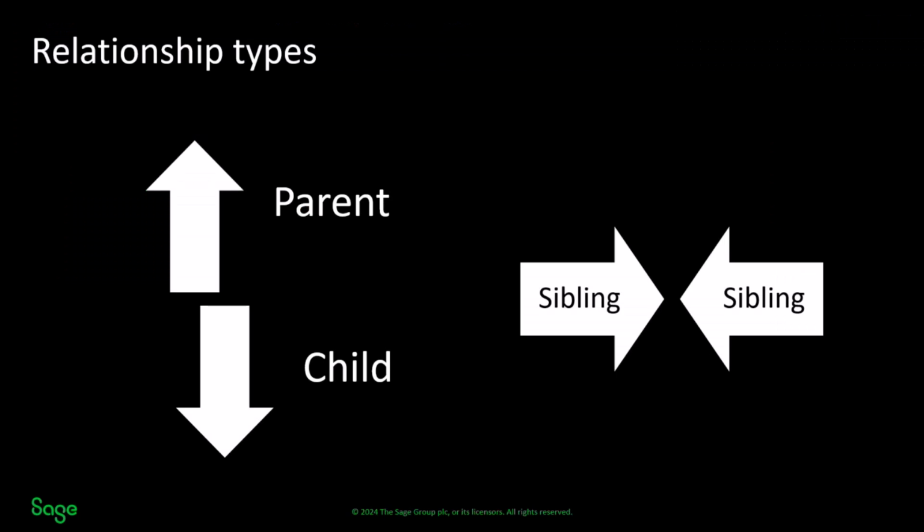This is the idea where the relationship is much more of equals. This is the sibling nature of relationships within Sage CRM. They're called sibling relationships, and they are associative. So they are not implying that one is somehow the controlling interest on top of the other.